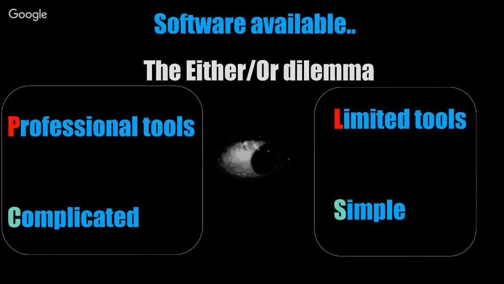An example for a software with limited tools and simple working protocol is PowerPoint and Keynote. An example for a professional software with a really complicated interface is Photoshop. Of course, you are going to get lost. The simple software does not give you what you need, and the complicated software is so difficult to operate.